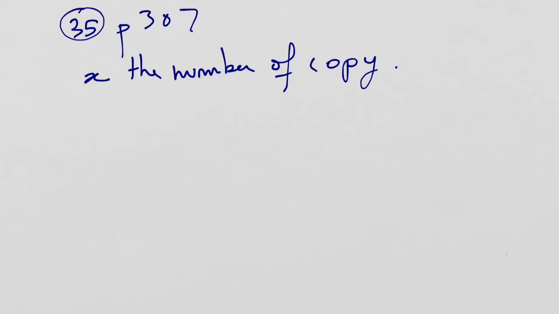So 0.08 times x is going to be the price she's going to pay for x copies at the copy shop. Now, obviously, the question is asking how many copies Ronnie would have to make in a copy shop for the cost to be equal. Well, if the cost needs to be equal to what? They are telling you $250.